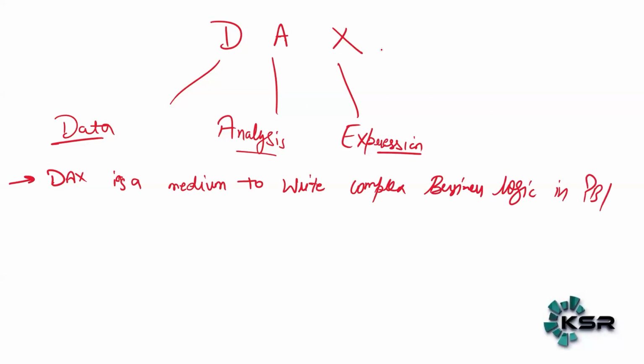If you have simple business logic, like creating a conditional column or some other transformations, you can do that directly out of the box. But whenever something is a little complicated or complex, you go ahead with DAX, and with the help of DAX you will create columns, measures and tables. Clear? And this is not a programming language. Instead, it is an expression language.